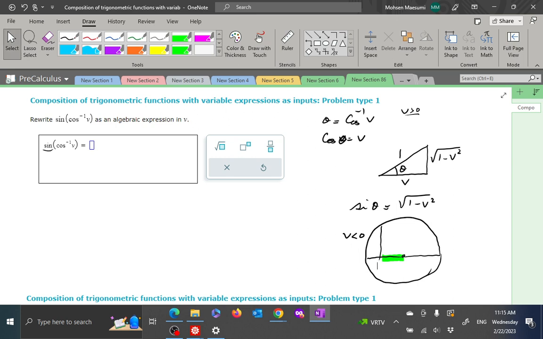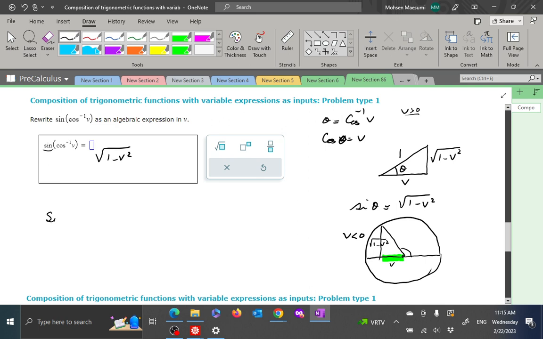Okay, if v is negative, your angle is going to be an obtuse angle here, but it doesn't make any difference to what this side is going to be. So if this is negative, when you square it, it will be positive, and everything is going to go the same as before. So we are going to have radical 1 minus v squared.